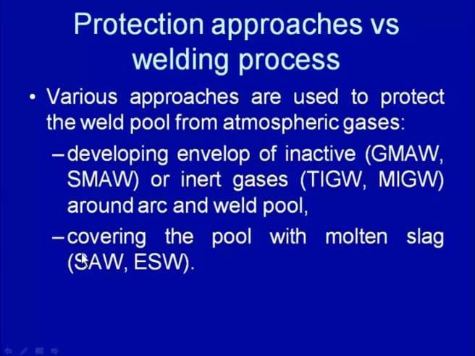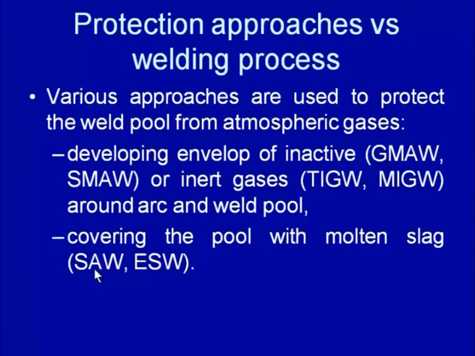So, this molten flux forms the cover around the weld pool and avoids the entry of atmospheric gases into the arc environment, and this approach is mainly used in submerged arc welding and electroslag welding.